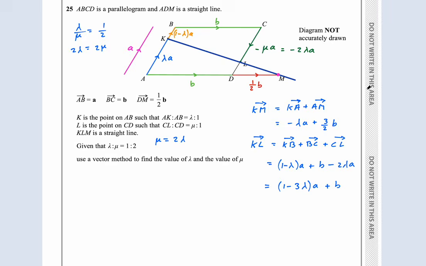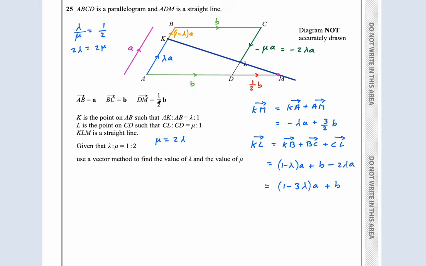Okay, now this is the tricky bit. I have KM and I have KL. The fact that they're on a straight line means that if you multiply KL by something, you can get KM. These are multiples of each other. If they're multiples of each other, then what you multiply the A component by, because A is a vector, has to be the same as what you multiply the B component by.